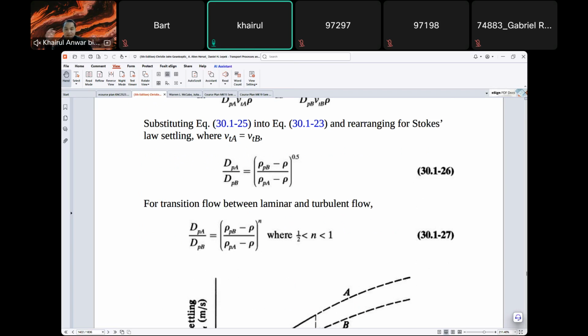For transition flow between laminar and turbulent flow, we have 30.1-27, in which n is between 0.5 and 1. N here refers to this. This is for the Stokes law or laminar region.